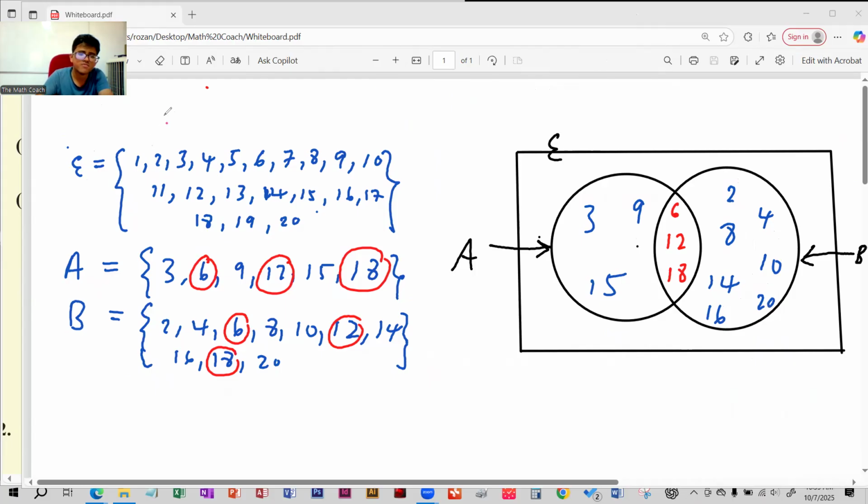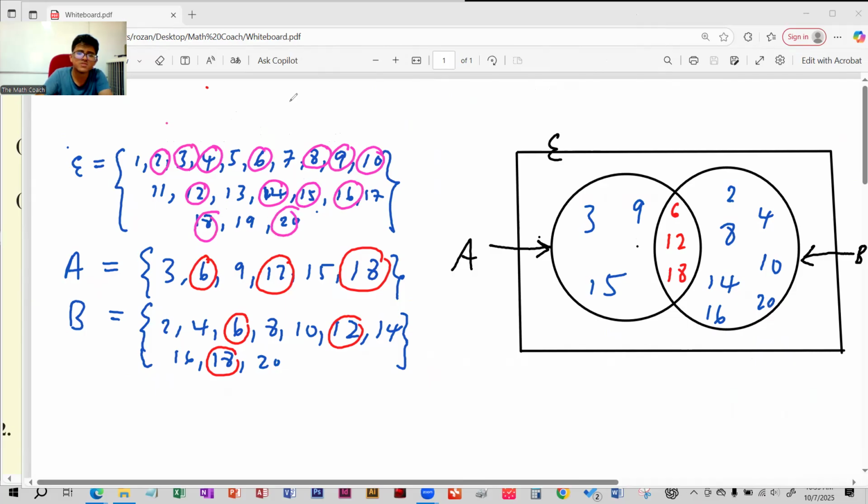Let's see what are not common here. So 3, 6, 9, these are all gone. And we have 2, 4, 6, 8, 10, 12, 14, 16, 18, 20.